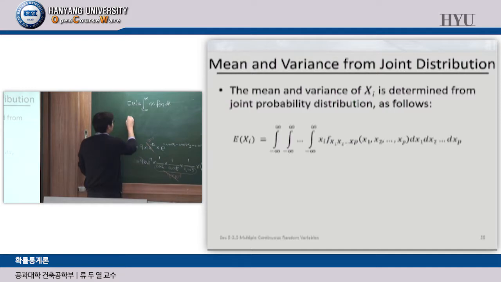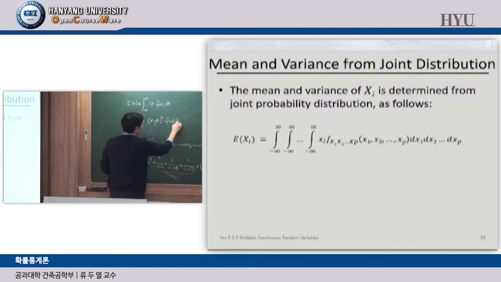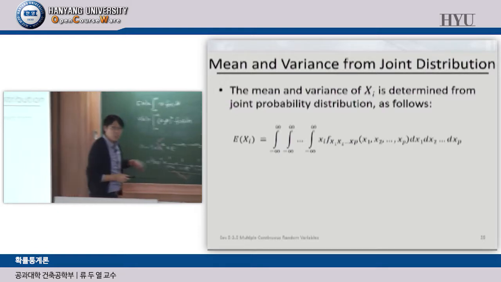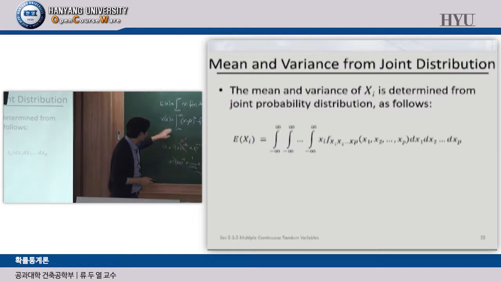And what about the variance? For the case of the single random variable, the variance was the integration of x minus mean mu squared by the probability density function, right?